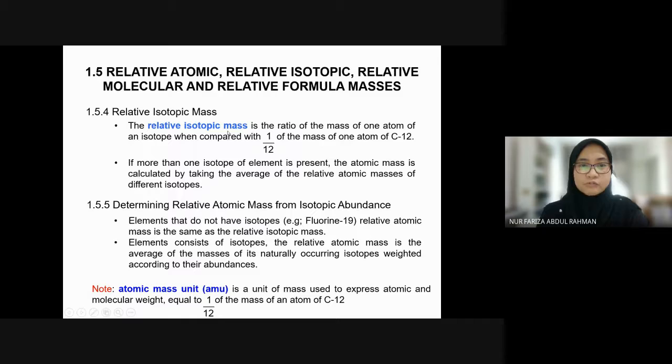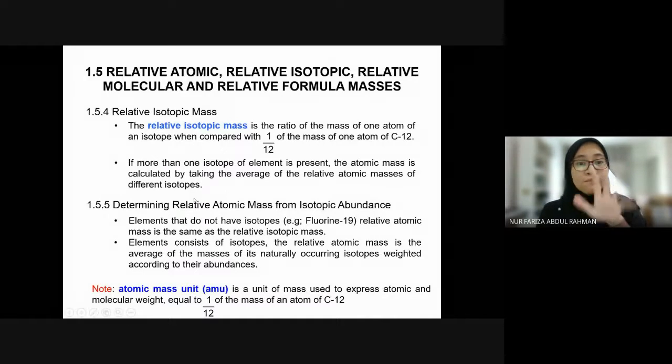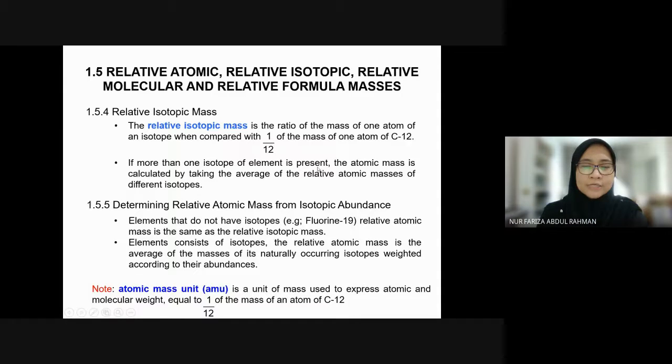Relative isotopic mass is the ratio of the mass of one atom of an isotope. Guys, the word isotopic means isotope. One atom of an isotope when compared with carbon-12. So if more than one isotope of an element is present, the atomic mass is calculated by taking the average of the relative atomic masses of different isotopes.